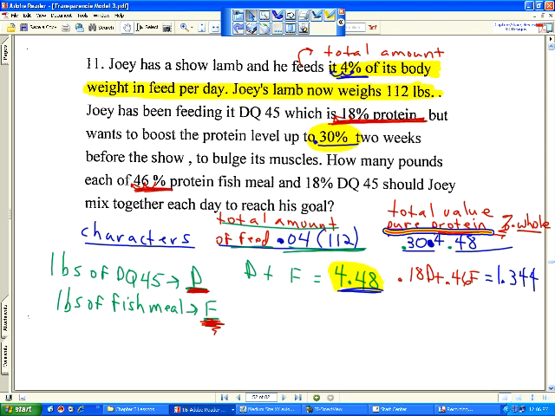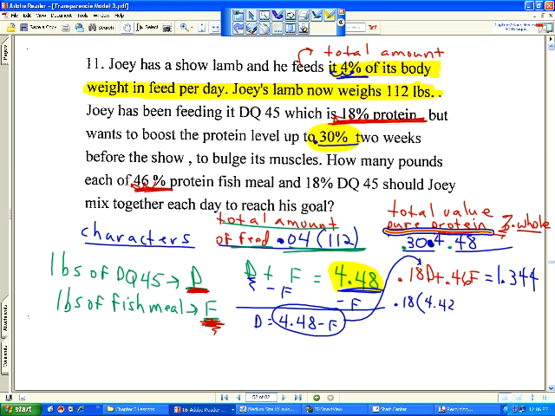Now we're going to solve, so we need to isolate one variable. It wants to know how many pounds of each, so it's not going to matter which one we solve for, right? So we're going to isolate one of the variables, like D. So we're going to subtract F. And so we get D is equal to 4.48 minus F. We're going to take what we got for D, substitute it in place of D, and solve for F. And so we're going to get 0.18 times D. D is a difference, and so we put it in parentheses and distribute.